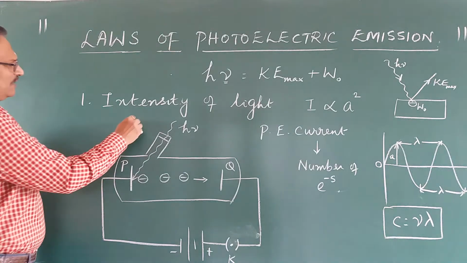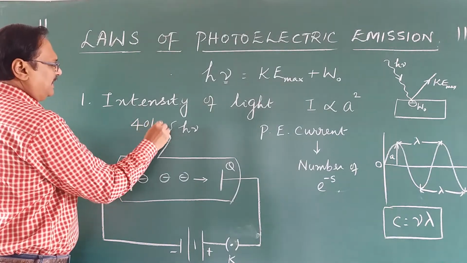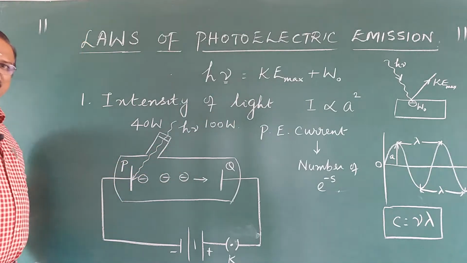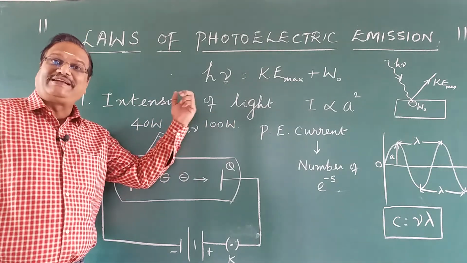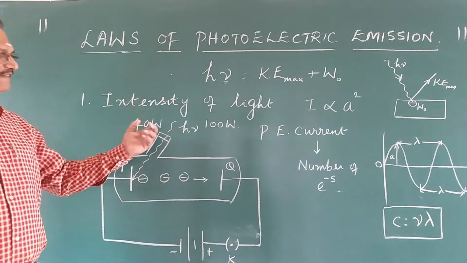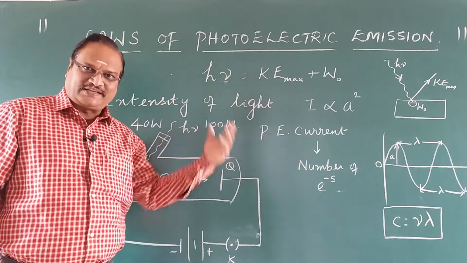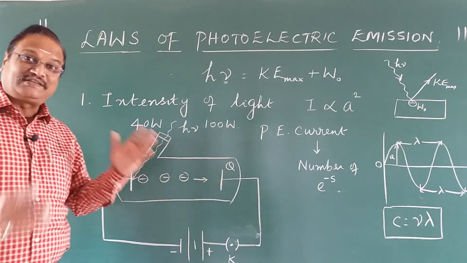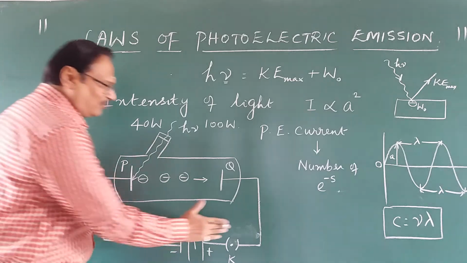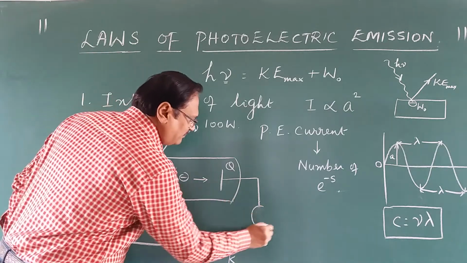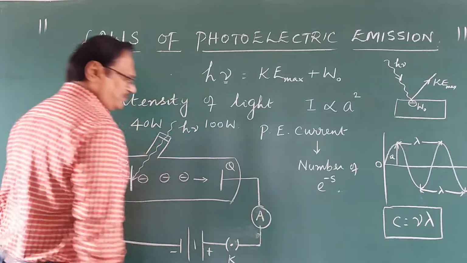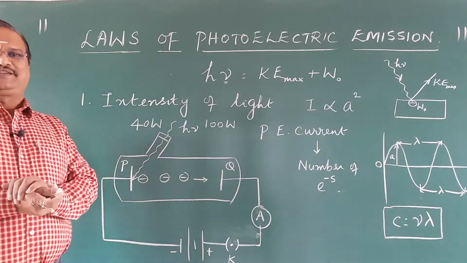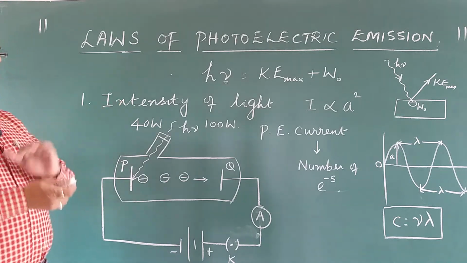For example, I have a 40 watts lamp and a 100 watts lamp. You know very well that the 100 watts lamp is more intense light. That means it has more amplitude. Then the number of electrons coming will be more. That can be studied with the help of an ammeter. Current will increase, but nothing else will happen. And this is the first law.